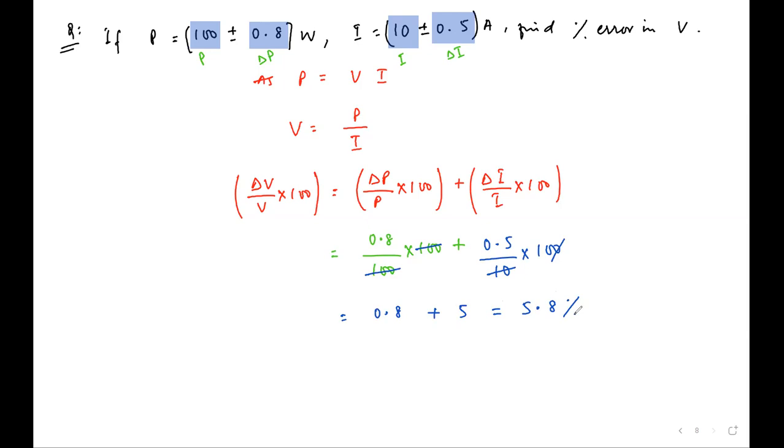Is it clear? Shab? Okay. Just write it down.